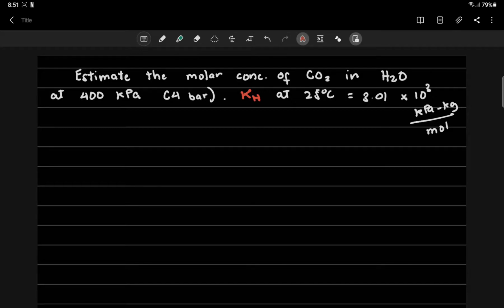So if you take a look, if you inspect yung ating unit for the Henry's law constant, so naka kilopascal kilogram per mole siya. So malamang yung ating concentration na makakalculate dito is pwedeng kilogram per mole, right?